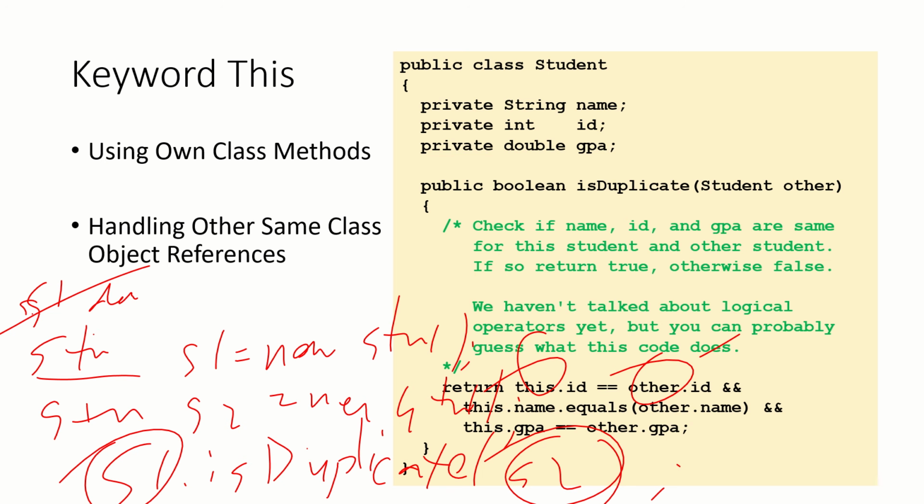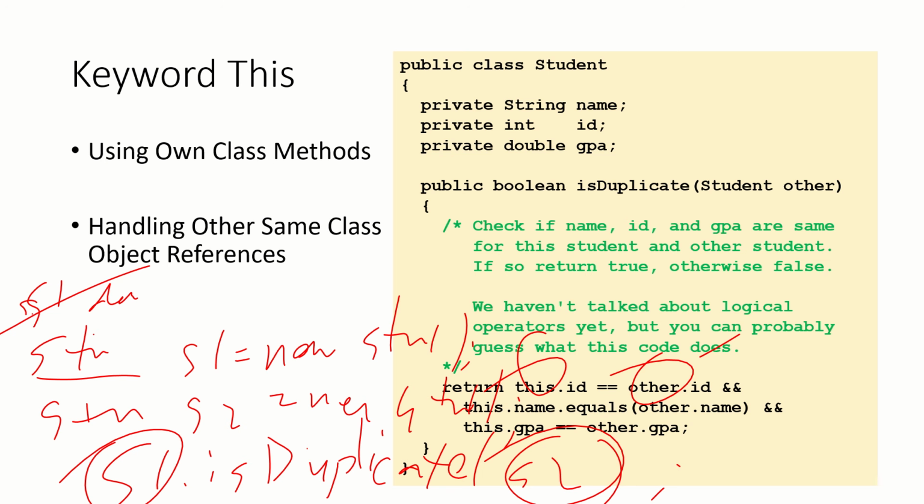Is that right? So which object reference called this method? That's S1. Which means the duplicate method belongs to S1.